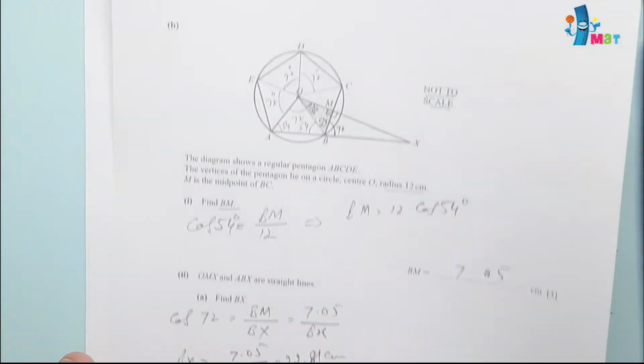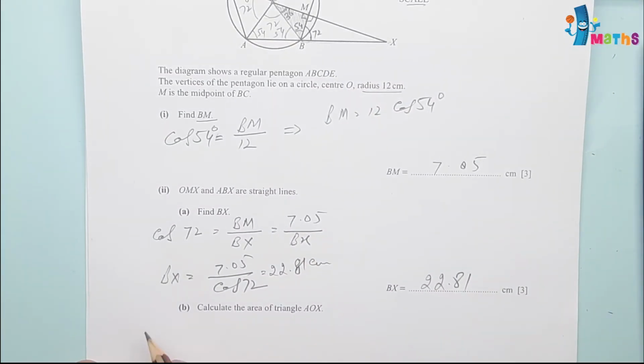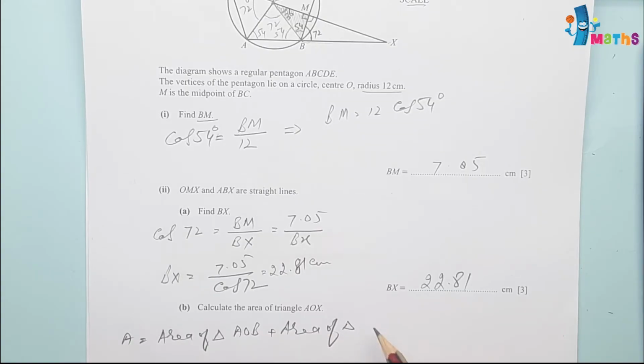So we can write area is equal to area of triangle AOB plus area of triangle BOX. So we have mentioned this one.